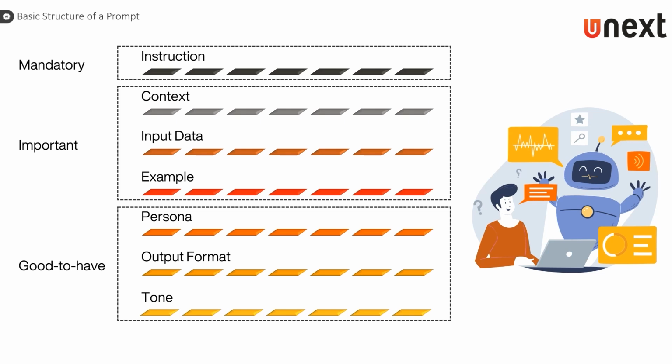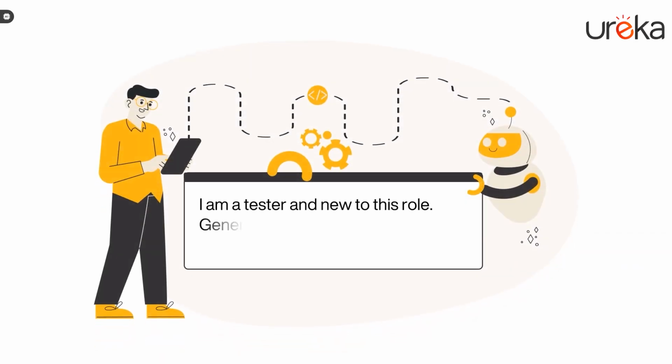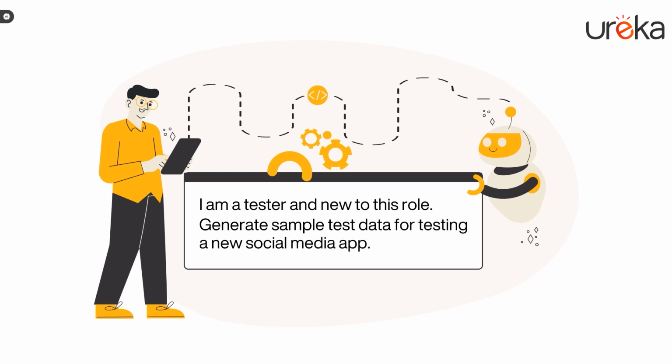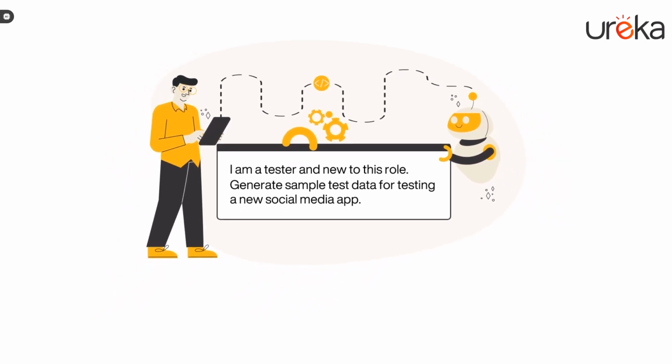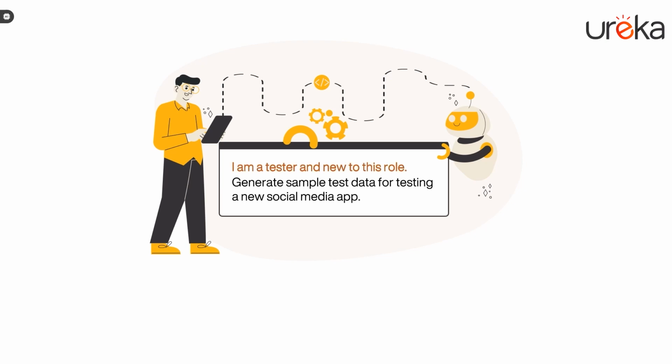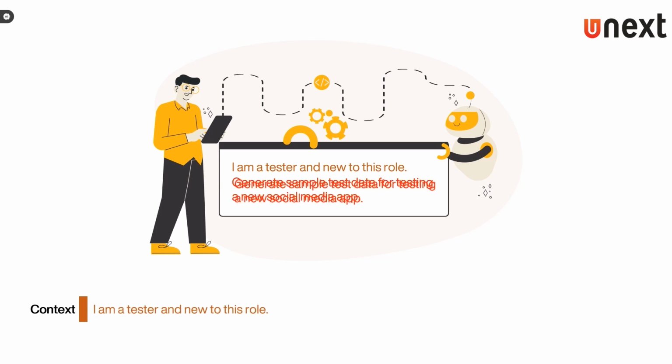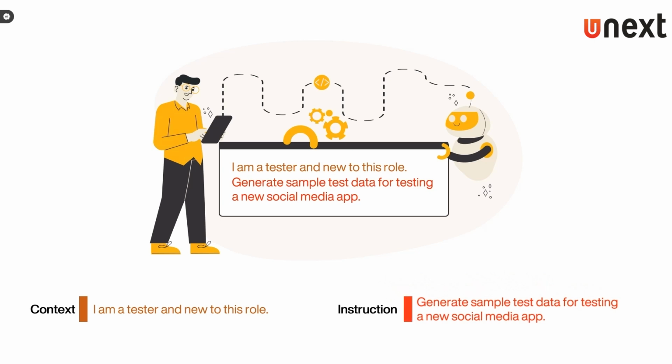To understand why instructions are mandatory, let us look at this prompt. I am a tester and new to this role. This is the context. Generate sample test data for testing a new social media app is the instruction given to the LLM.